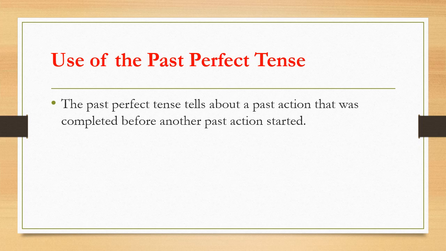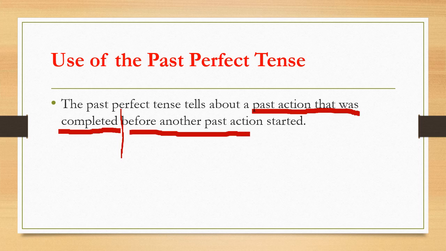Okay? So, ang past perfect tense nagakasugid parte sang isa ka past action. Oh, this is the first part. A past action that was completed. Nga nakumpleto na nga daan before another past action started. So this is the second important part of the definition.